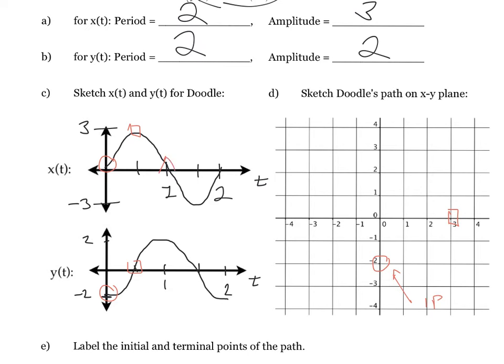The x-coordinate is 0, and the y-coordinate is 2. And which symbol should I use for the next time? Oval. Okay, oval. X-coordinate is -3, and the y-coordinate is 0.